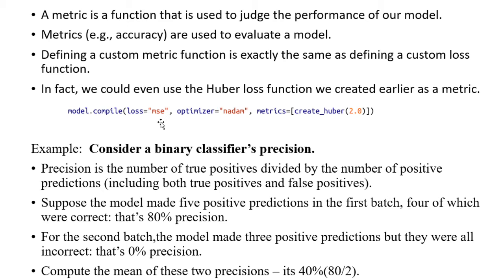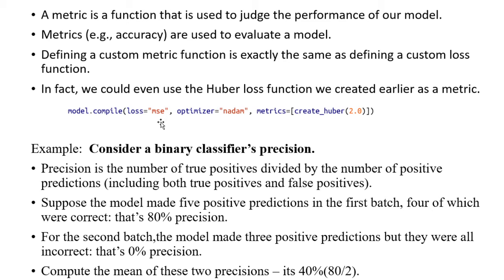Now suppose we have made 5 positive predictions with the model in the first batch, out of which 4 are correct. So the precision here is 80%.